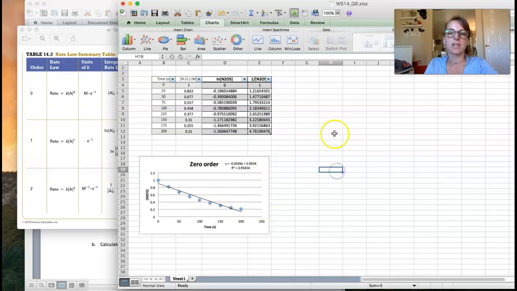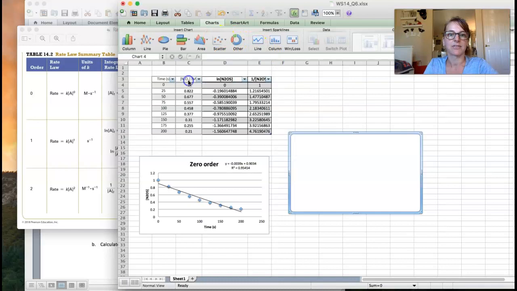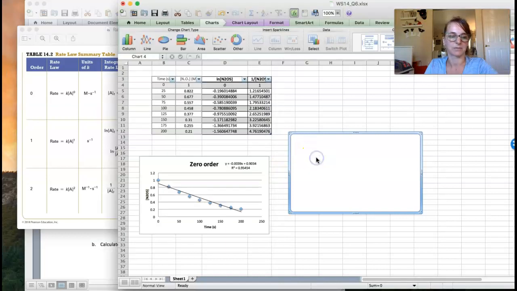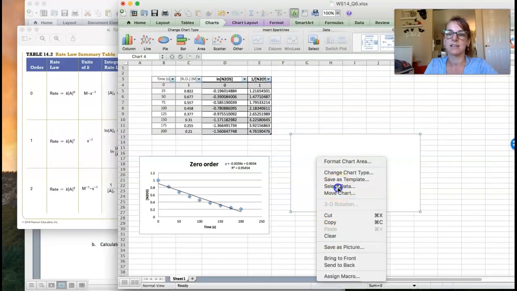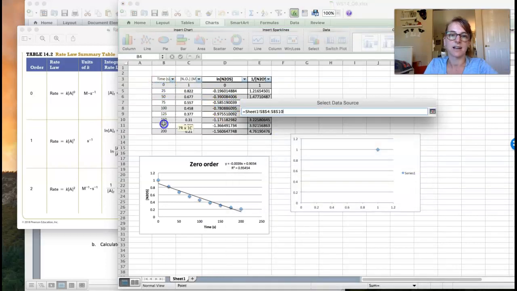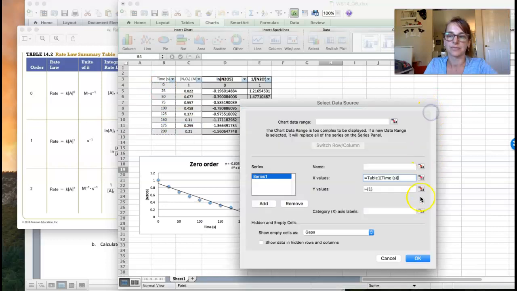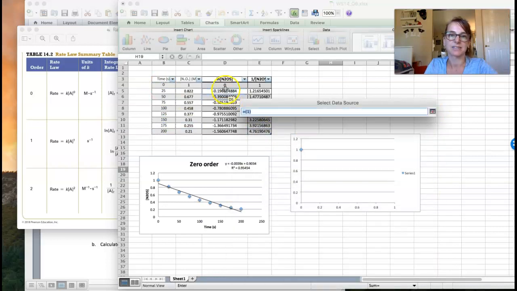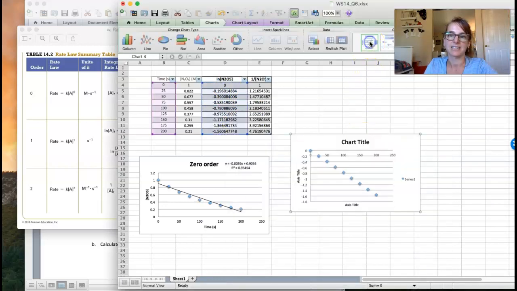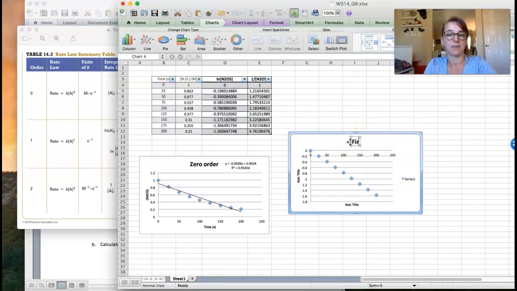All right, cool. So I'm going to do the same thing for the first order. So I need to plot natural log of the concentration of the reactant versus time for this one here. So I'm going to right click, select data, add a series, my X values, time, my Y values, the natural log of the concentration. All right, this is if it were following first order kinetics.